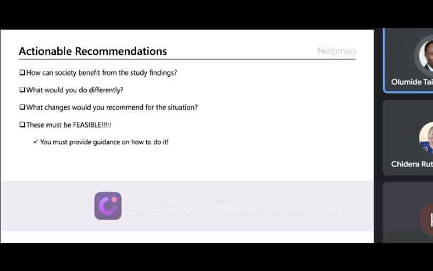We don't know how things work in the country. So when people are talking, making recommendations, they have no idea how things work. They just talk, and everybody talks like he's a specialist, a knowledgeable person. But when you bring them in to sit down and see how things work, they will say, I didn't know.